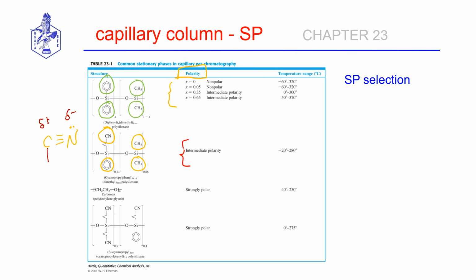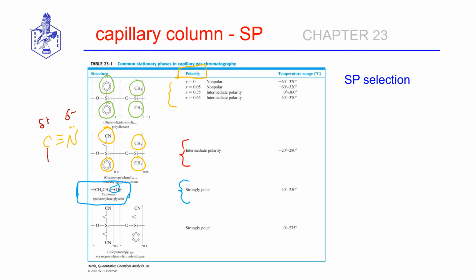Then we move to strongly polar analytes, in which we want to potentially consider carbowax as our stationary phase material, with oxygen in that structure making it polar.